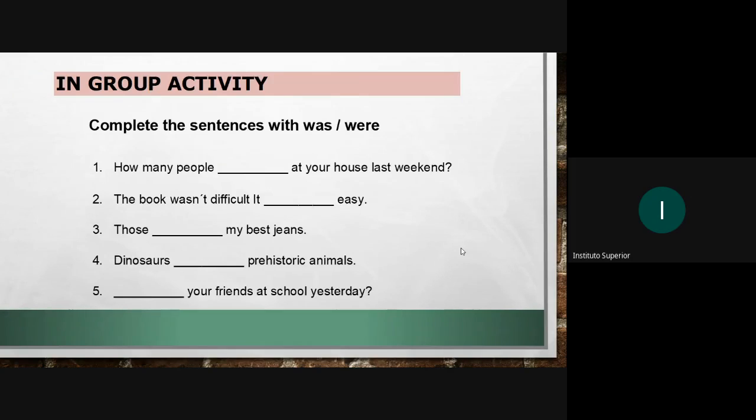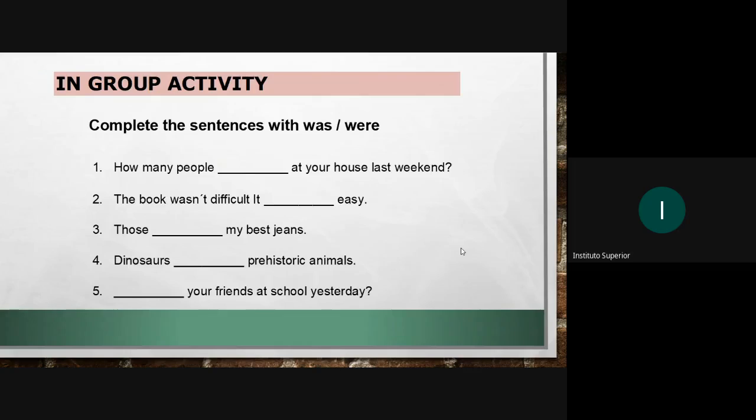Number 2, someone else to help me out with this one. The book wasn't difficult, it was easy. Very good. Number 3. Those were my best yams. Yes, very good.